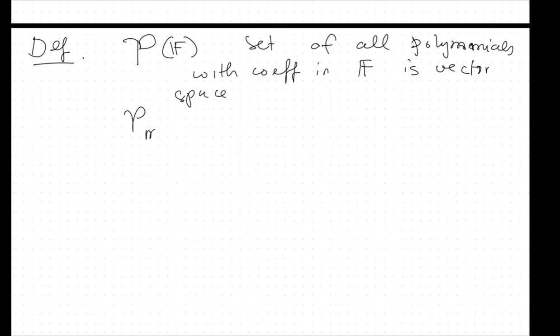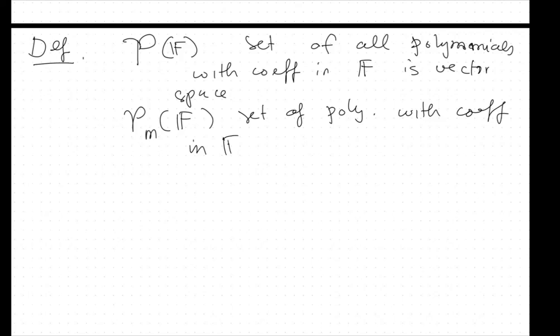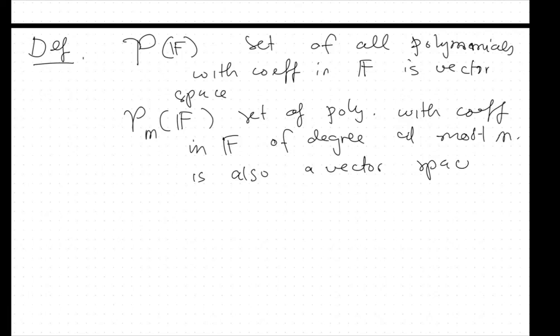And then another one, Pm, the set of polynomials with coefficients in F of degree at most m. This is also a vector space. In fact, this one is a subspace of the bigger one.